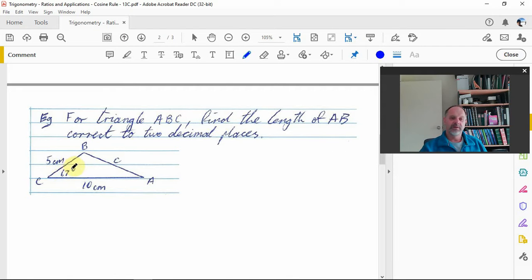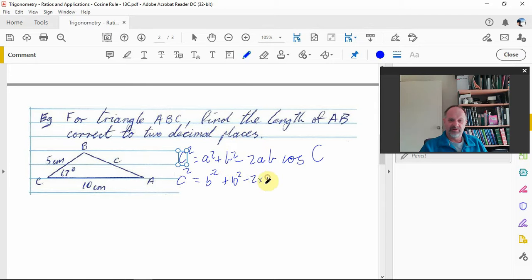We want to know this other side over here, length of AB, which is opposite C. So that means the version we're going to use is C squared equals A squared plus B squared minus 2AB cos C. And so C squared then would be A squared, opposite A is 5, plus 10 squared minus 2 times 5 times 10 times cos 67 by the looks of it.